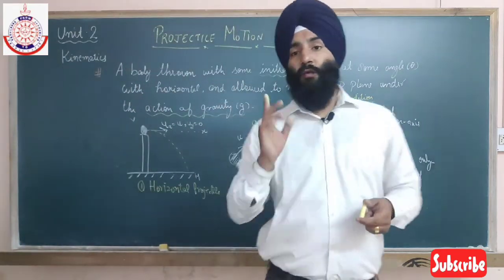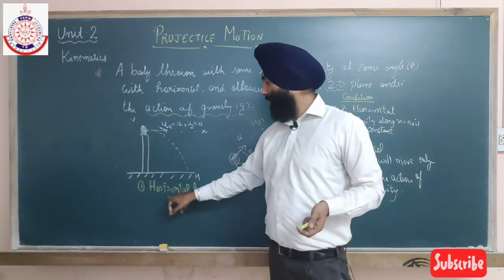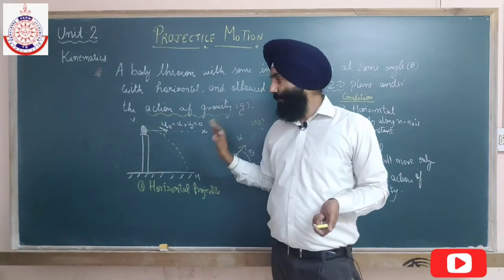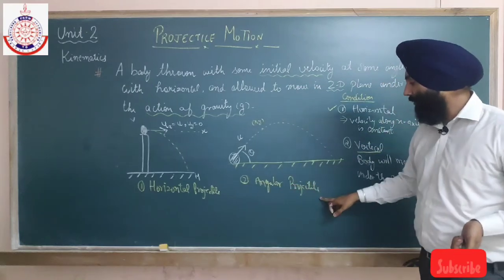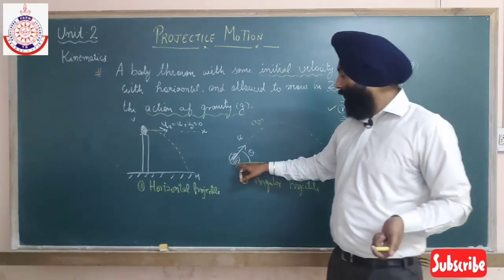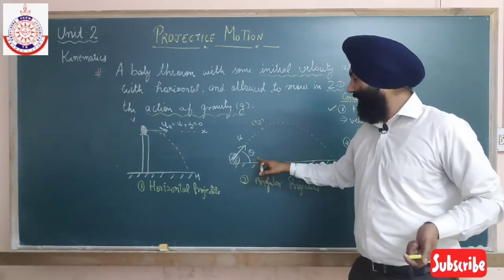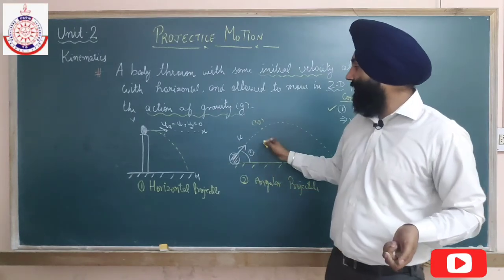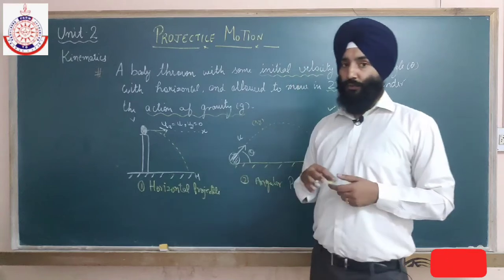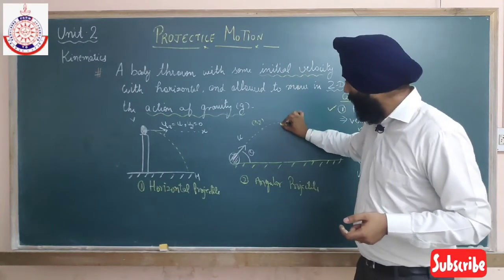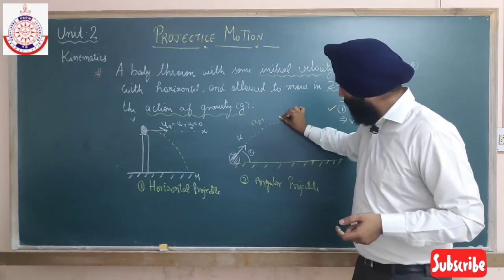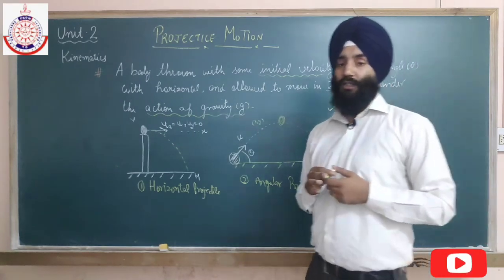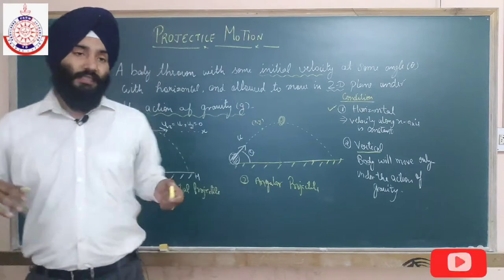One is the horizontal projectile, when we throw a body from the top of a building. And the second is the angular projectile, when we throw an object from the ground with some initial angle theta. It means the horizontal projectile is a sub-case of the angular projectile. If we start throwing a body from a height, it turns into a horizontal projectile. So let's start discussing one by one.